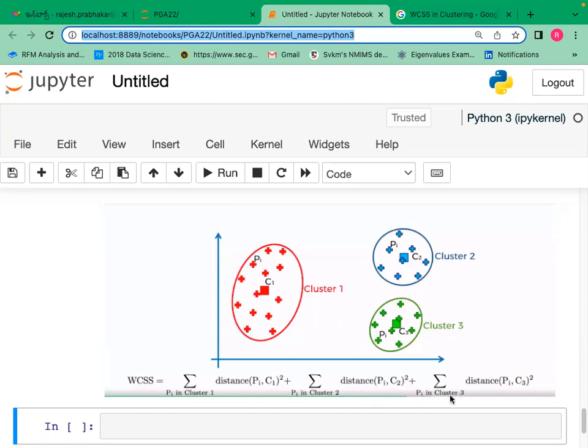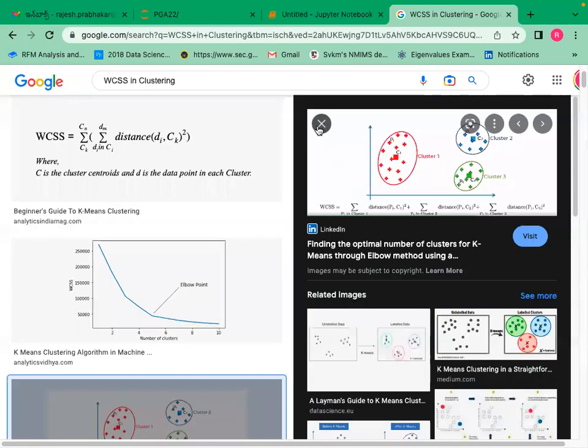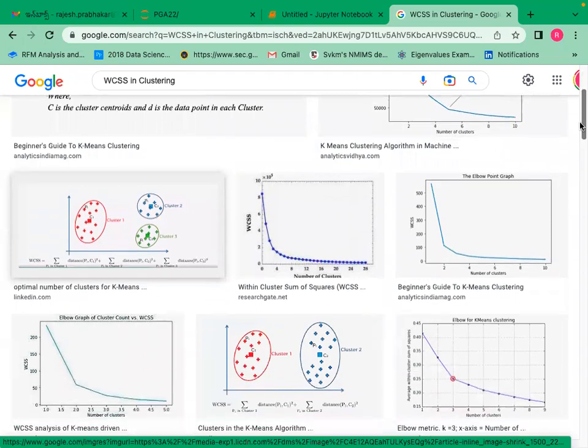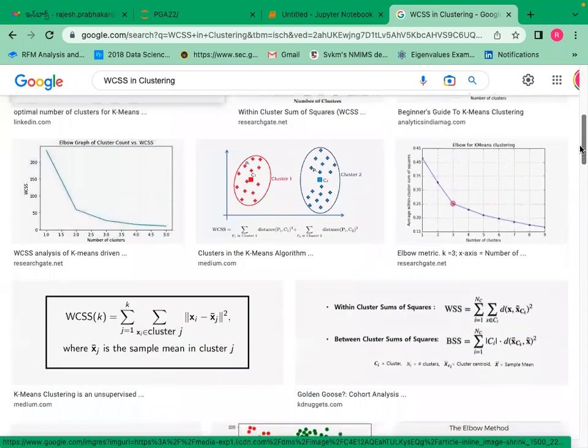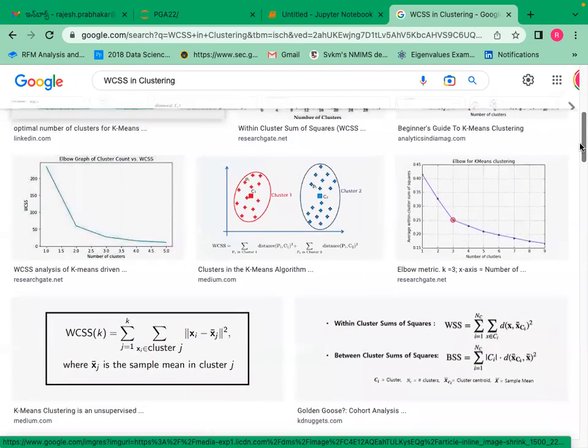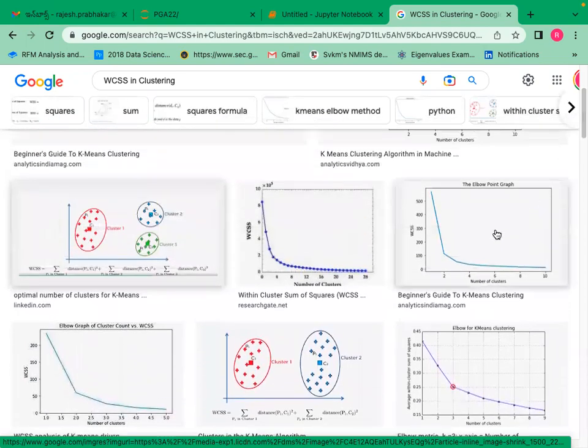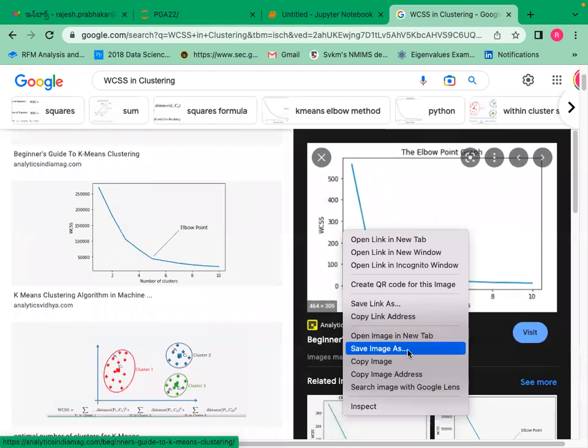Then it sums up all these variances and you get the WCSS for each iteration. Based on the elbow method, the WCSS will be plotted into an elbow point. See, this is the plot.